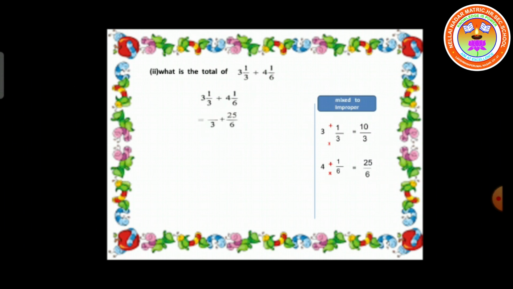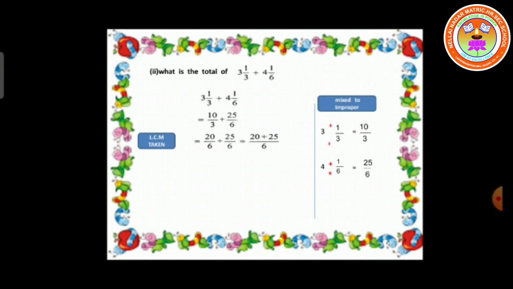Now what we have to do? You have to add these two fractions. 10 by 3 plus 25 by 6. Again take the LCM. Now your LCM is 6. You have to make the equivalent fraction. Okay. Here in this problem I didn't do it, but you just practice and see whether you are getting the same answer. So the answer is 20 by 6 plus 25 by 6.